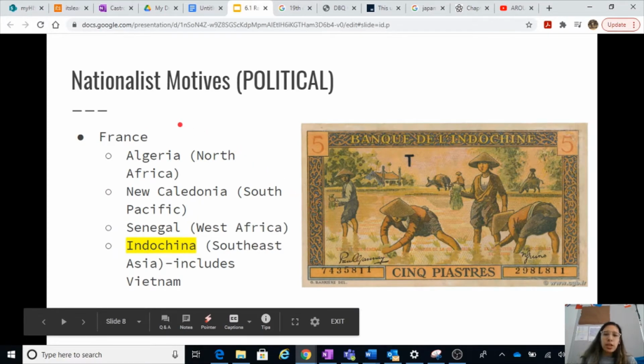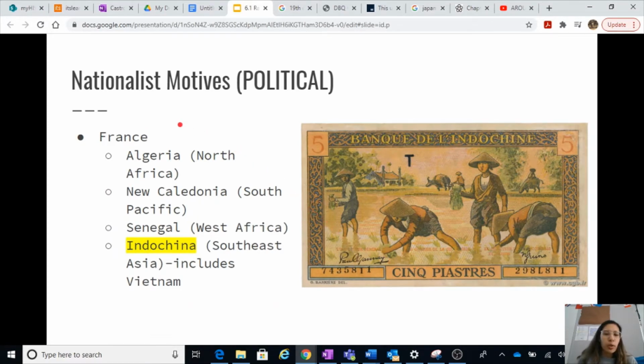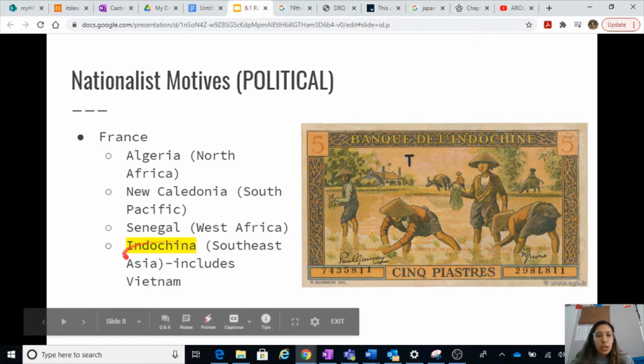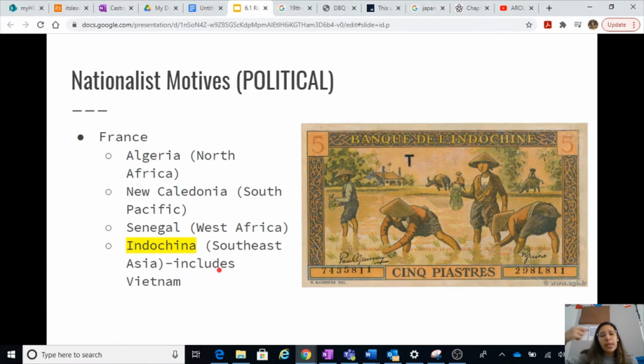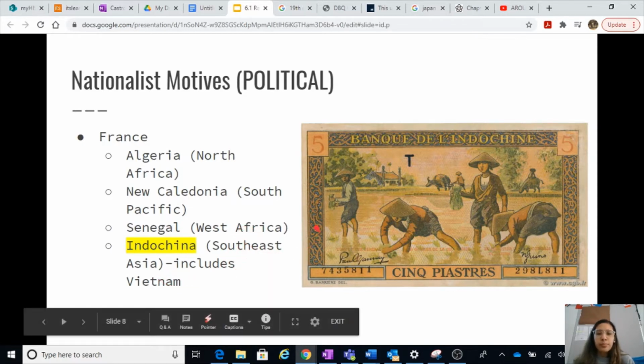France has control of Algeria, which is in North Africa, New Caledonia, which is in the South Pacific, Senegal, which is in West Africa, and then Indochina, which is in Southeast Asia, and this includes Vietnam. It actually includes Vietnam, Cambodia, and Laos, which we'll talk about in the next chapter. This is just a brief overview of all of the colonies that these powers have.